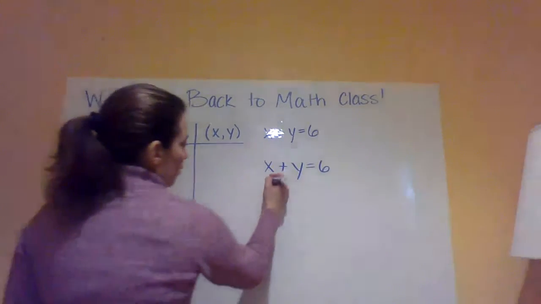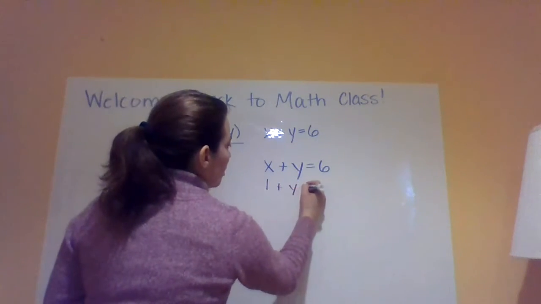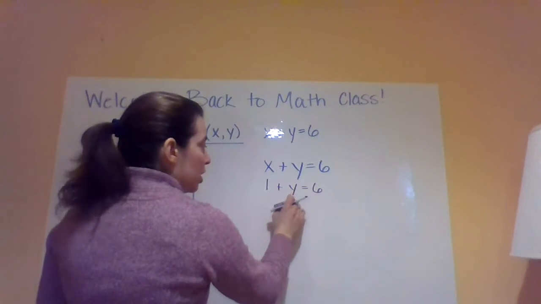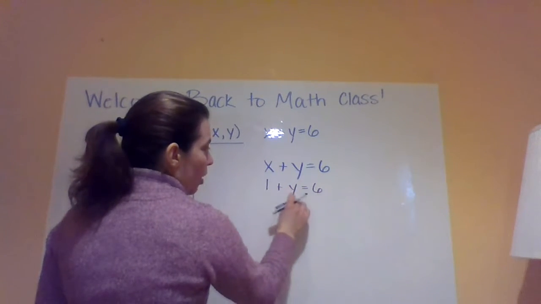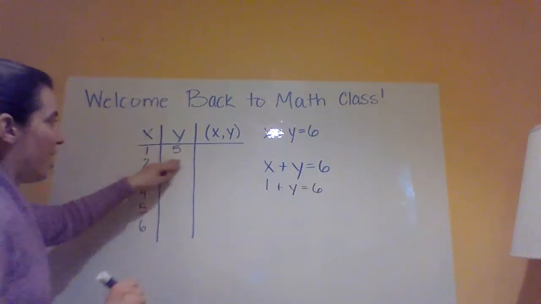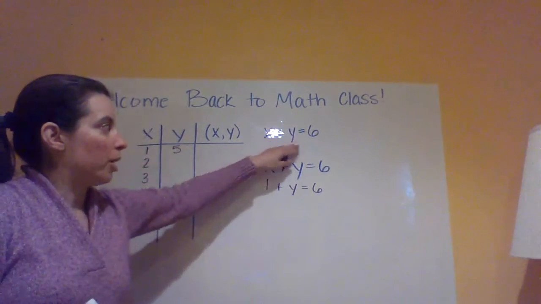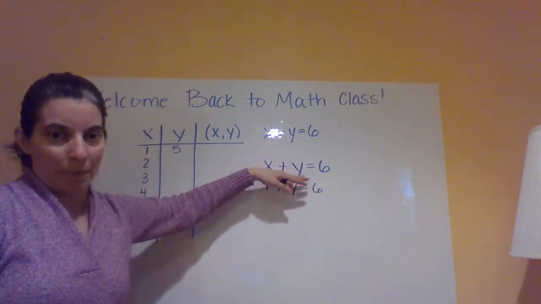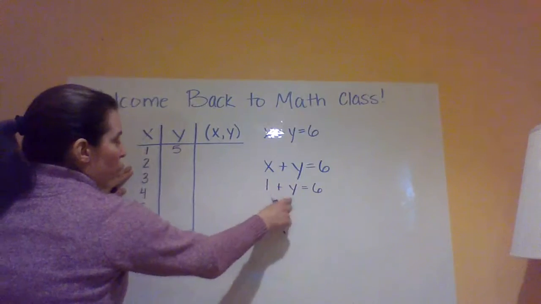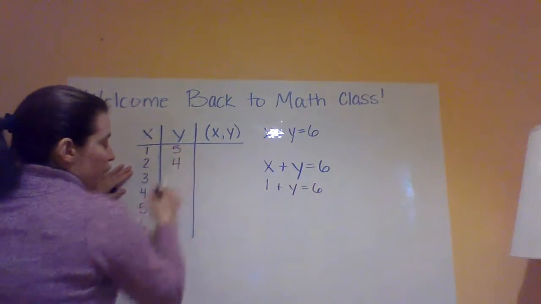So in other words, if x were 1, I could figure out what y value would have to be here to make this a true statement. 1 plus 5 is 6. So 1 and 5 together makes this a true statement. Same with 2. So 2 would have to add to 4 to make that true.